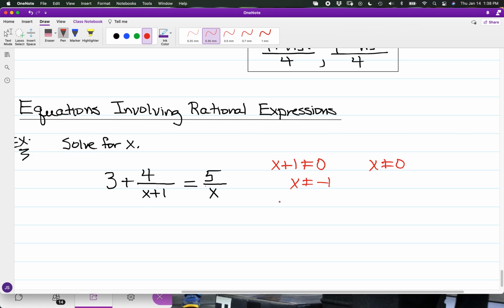So we have the restrictions: x cannot be -1, and x cannot be 0. In other words, you don't want 4 over -1 plus 1, which will be 4 over 0, and by the same token, we do not want 5 over 0.